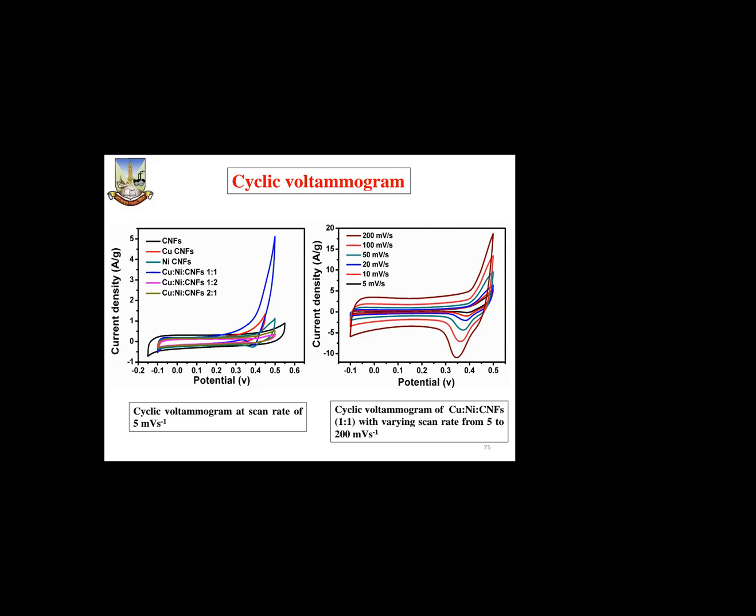We are very fortunate that these results are very impressive when we go from the bare to the decorated material. It shows a very good responsive degradation in the case of methyl orange, malachite green, and methylene blue dyes.